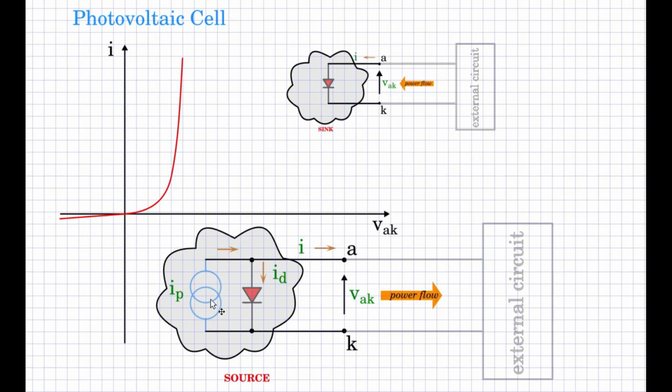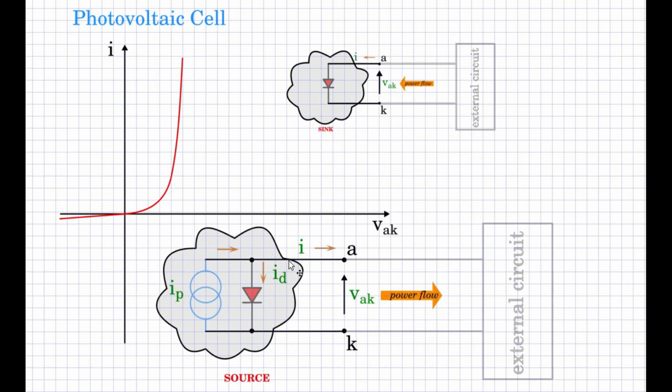This current source IP is the photocurrent, which is dependent upon the solar radiation intensity. The more the solar radiation intensity, the higher the value of IP, the larger the current flowing out of the terminal, and therefore the power.